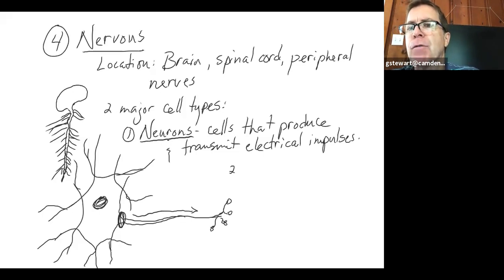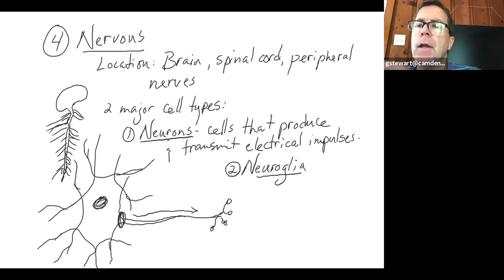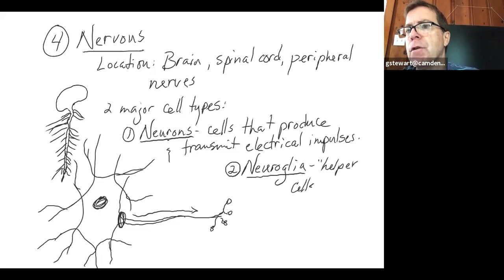The second class or type of cells in nervous tissue are called neuroglia, G-L-I-A, neuroglia. These do not produce or transmit electrical impulses. They are, I'm going to put this in quotes, like helper or assistant cells to the neurons.